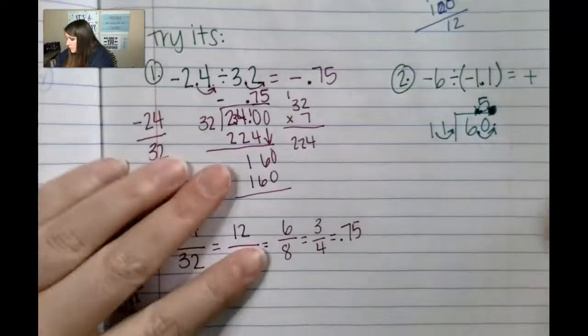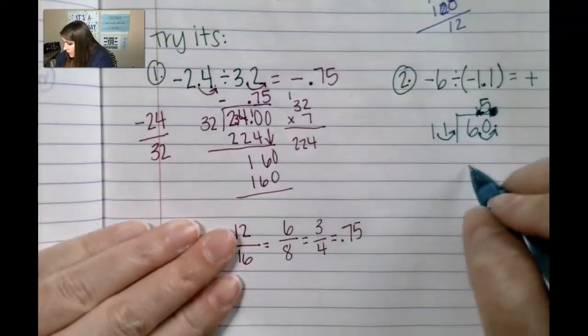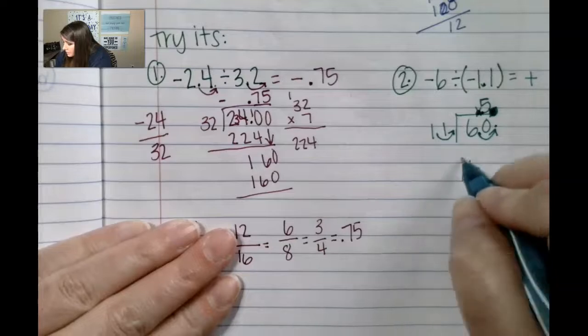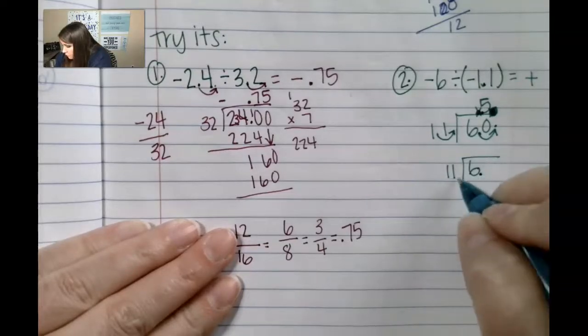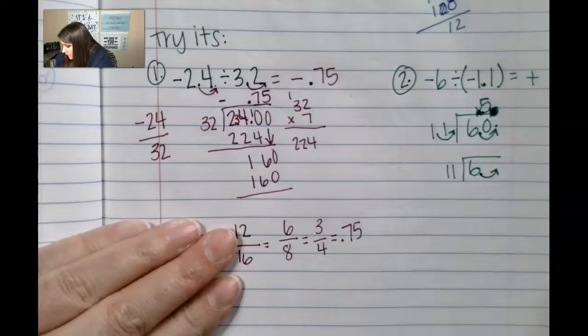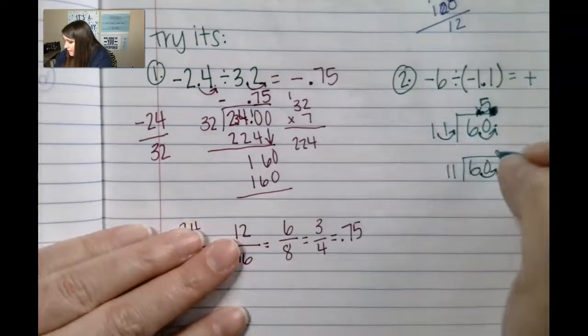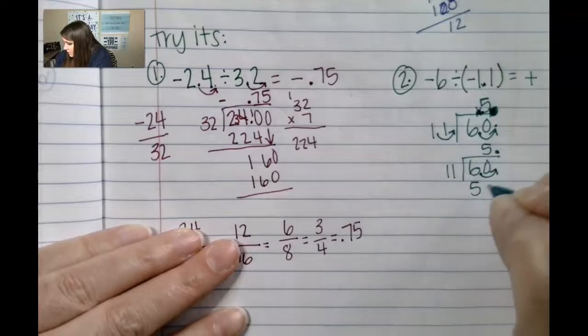I'm going to rewrite this. 6 divided by 11. My decimal was here. I moved it once, so I need to move it once here. Fill in, it goes up. There we go. 5 times 11 is 55.